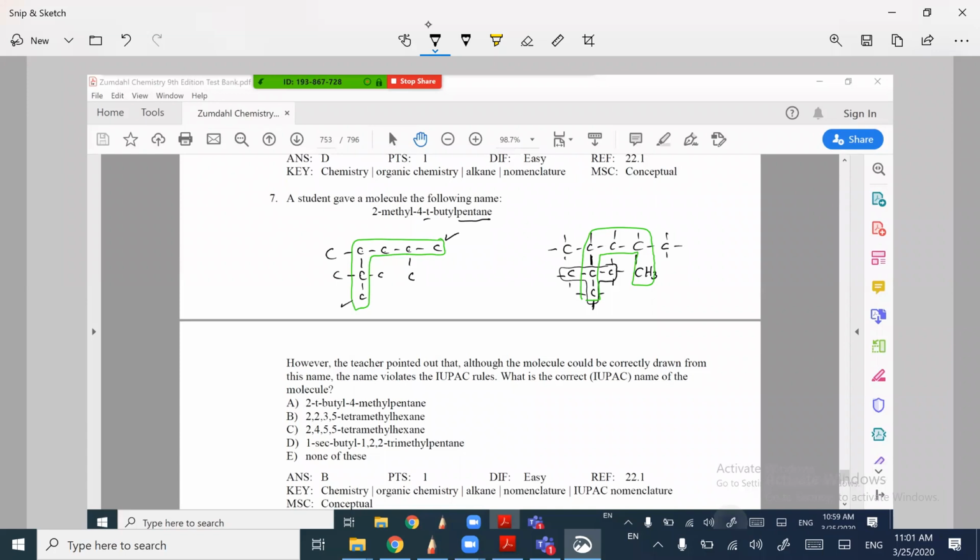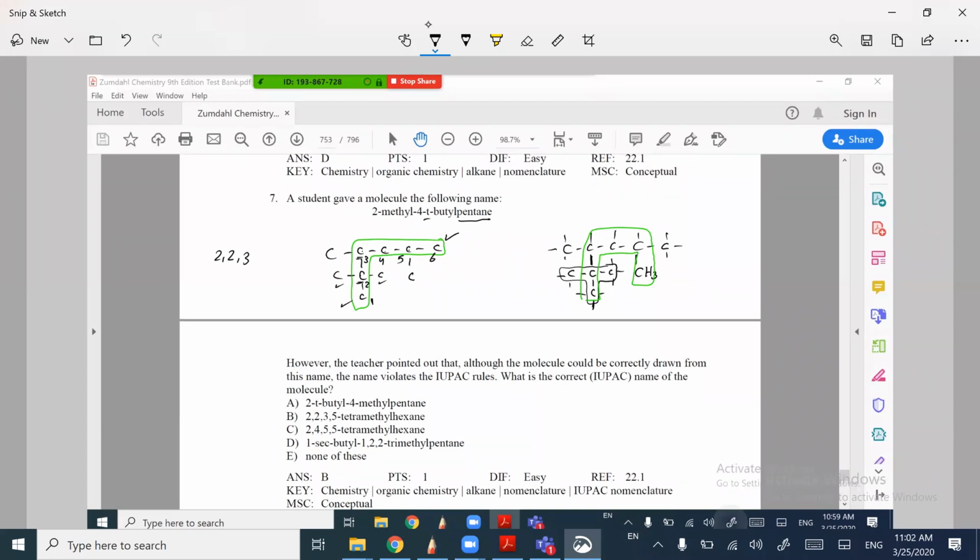When you start numbering, look for the carbon atoms that make crowdedness. So 1, 2, 3, 4, 5, 6. On carbon atom number 2 we have methyl and methyl, so 2, 2. Then carbon atom number 3, so 3.